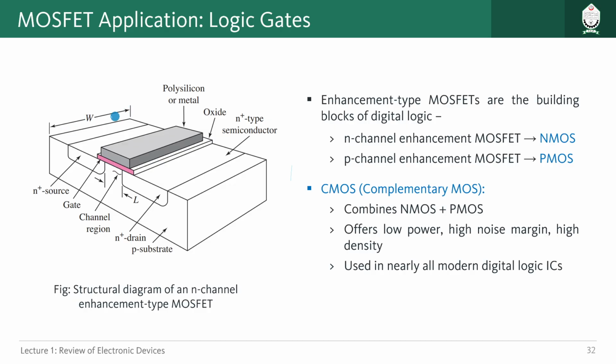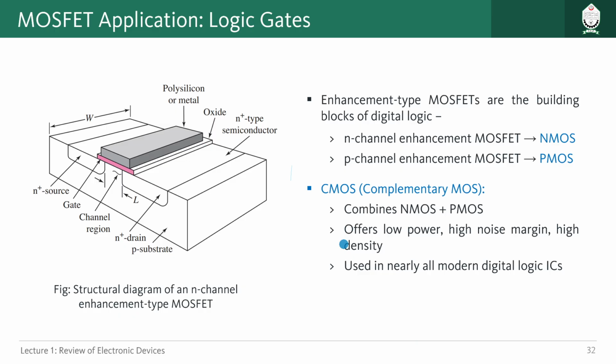And this is the width, and this is the polysilicon or metal used for the gate, and this is the insulator or silicon dioxide material to isolate this material from the conductor here.